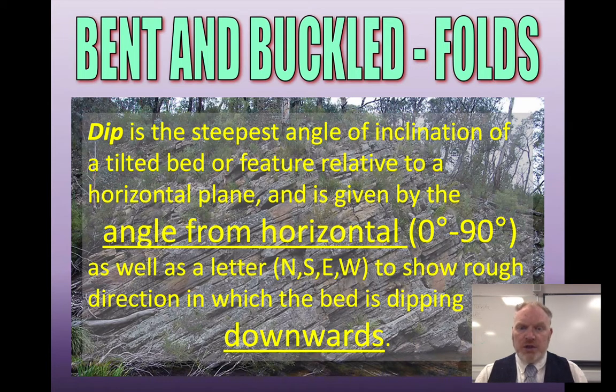And it's measured relative to horizontal. So the angle of dip is the angle measured from horizontal in degrees. With that, we also talk about the direction that these beds are tilted in. And we always talk about this in terms of dip going down. So it's the direction and the angle that the beds go down.